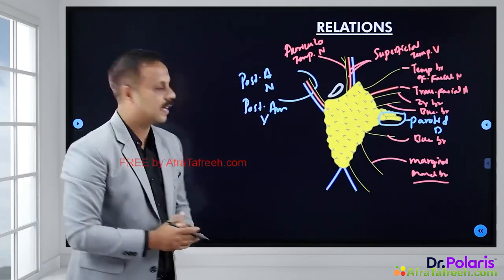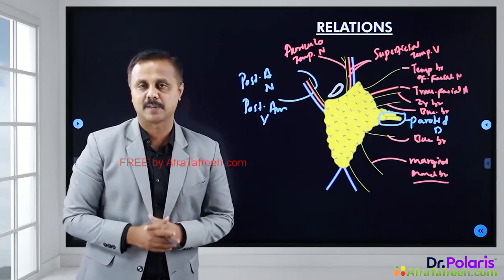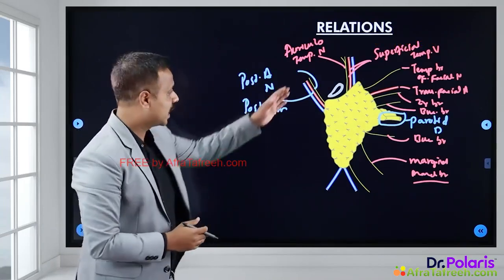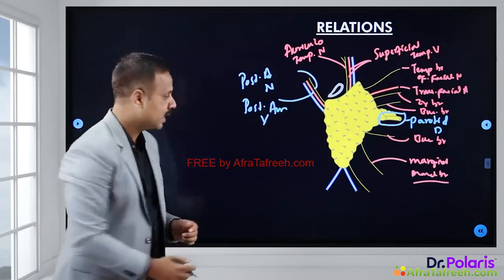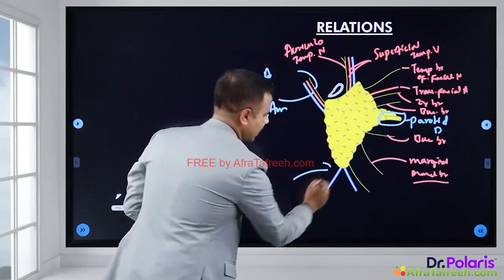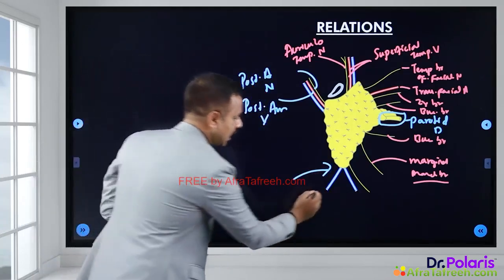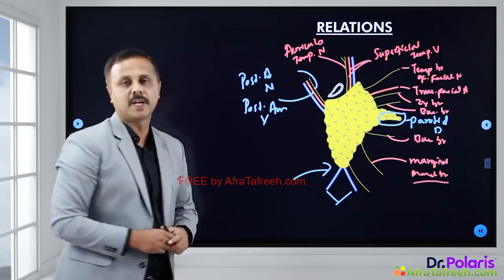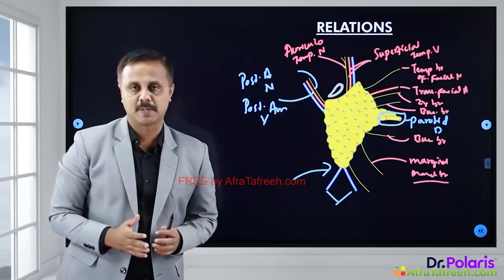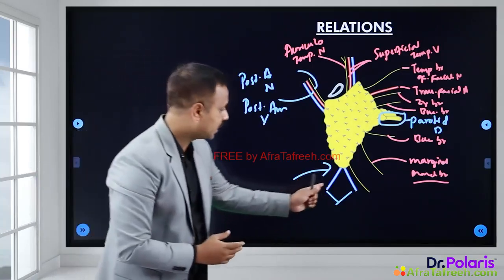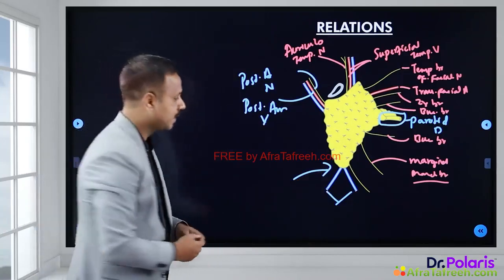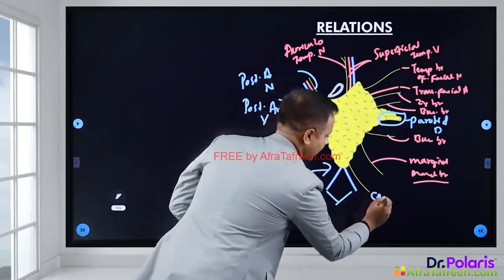Then posterior auricular vessels come from external carotid artery. This is regarding the posterior border. Then even from the apex, we can see that there are few structures emerging. What are these? Now these are the two branches coming from retromandibular vein. Fine. So these are the two divisions of retromandibular vein, and then we have the cervical branch.